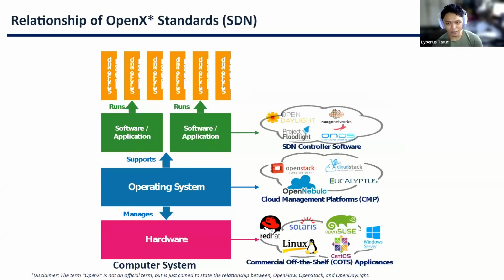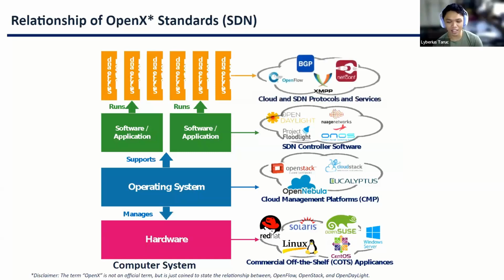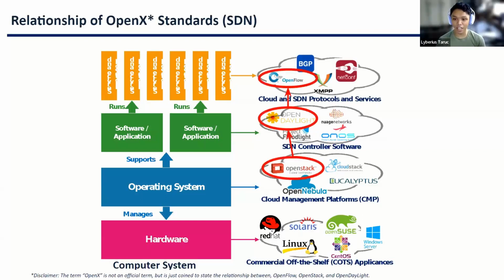And of course, if you want a specific service in a large-scale environment, you need your protocol. So you'll notice the three terms that I've discussed here are also present here: OpenStack, OpenDaylight, OpenFlow.